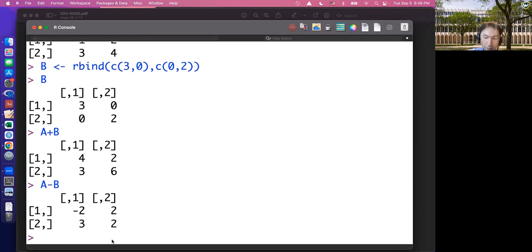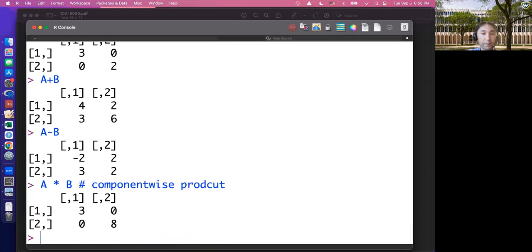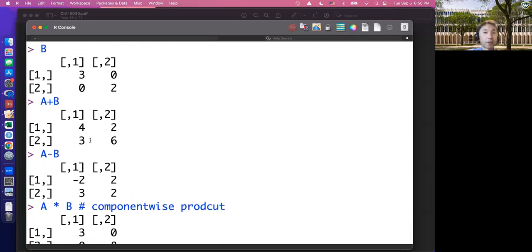So this is simple. And next, slightly more complicated. Actually, this isn't very complicated, but A times B. It sounds like a matrix product, but actually this is the component-wise product. You can see that A is 1, 2, 3, 4, and B is 3, 0, 0, 2.